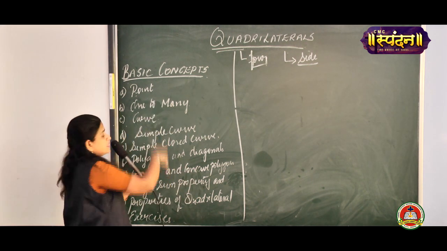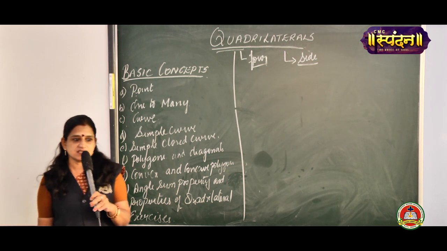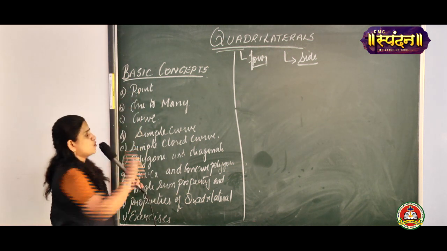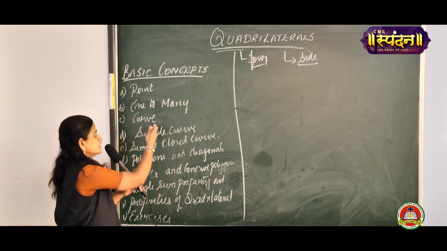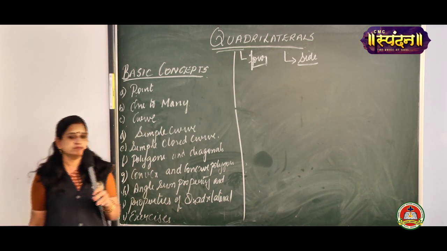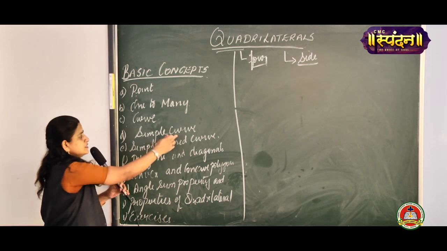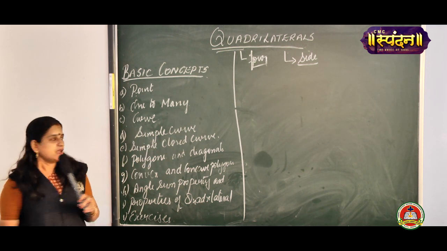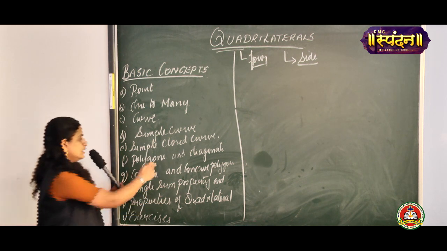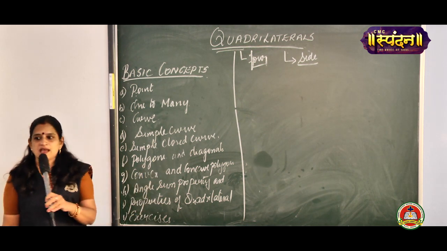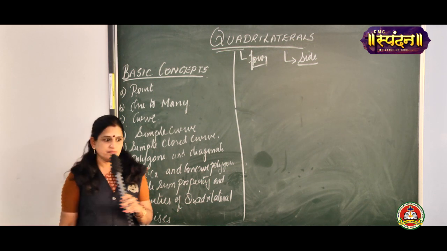These are all the topics we are going to cover in this class. First one is point. Second one, line segment. Third one, curve. Next one, simple curve. Next one is simple closed curve. Next one, polygons and its diagonals.